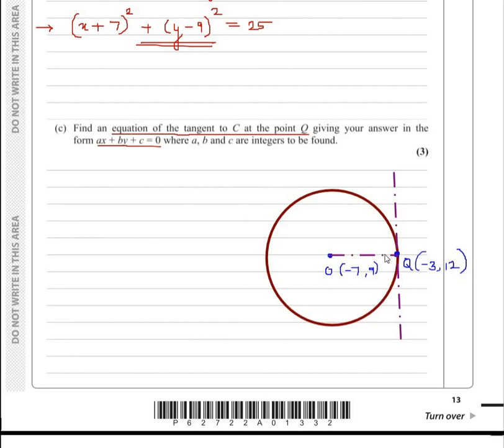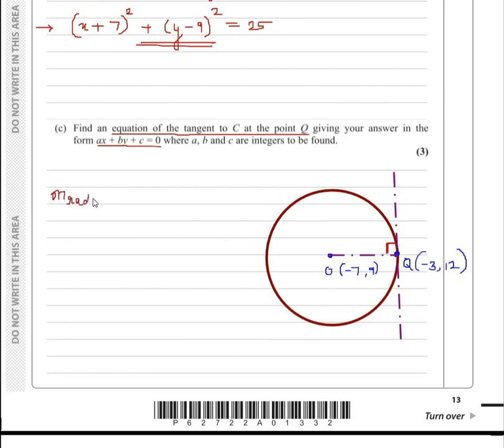If I find the slope or gradient of the radius, I can find the slope of the tangent, because these two are always perpendicular to each other. The radius is always perpendicular to the tangent. So let me find the slope of the radius first.